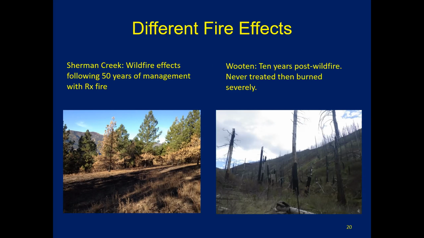Different forest management practices with commercial and pre-commercial thinning along with prescribed fire. And then down in our Wooten Wildlife Area, down in the Blue Mountains, east of Walla Walla, this was effects from the mid-2000 fires of the School and the Columbia Complex.